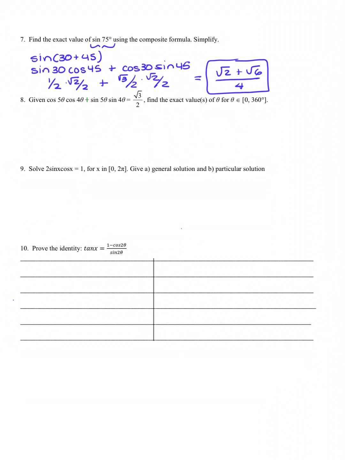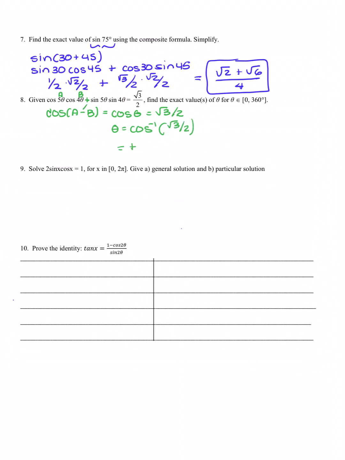So we have a plus here. So 5 theta is A, 4 theta is B. This has the form of cosine A minus B, because there's always the opposite sign with the cosine. So 5 theta minus 4 theta is just theta, root 3 over 2. So we take the inverse cosine, root 3 over 2.